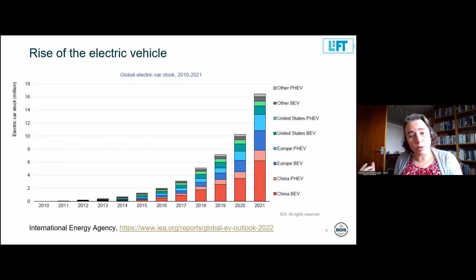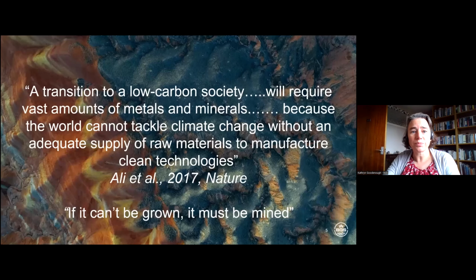A lot of that is driven by China, and of course, they're not all electric cars. China has a lot of electric bikes as well, and electric scooters that people are using. But it's also increasing, as we know, in Europe, and even the USA is now starting to see an increase in the use of electric vehicles. So this is a really huge change, moving away from the internal combustion engine and towards electric vehicles. And that is certainly one of the ways we're going to reduce CO2 emissions.